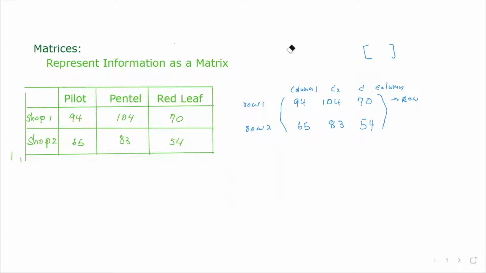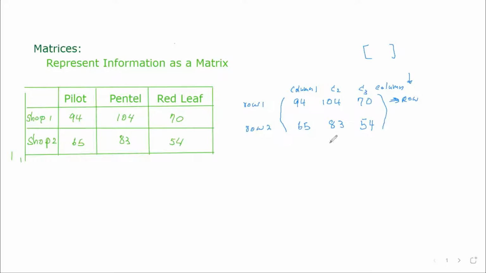When we read across horizontally, it represents a row, and vertical represents a column: column one, column two, column three, row one, row two. This is how to read the matrix.